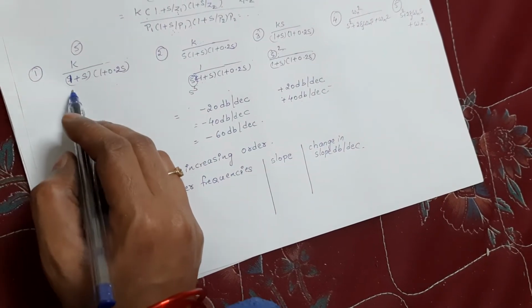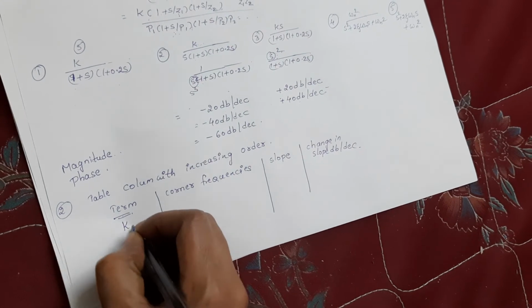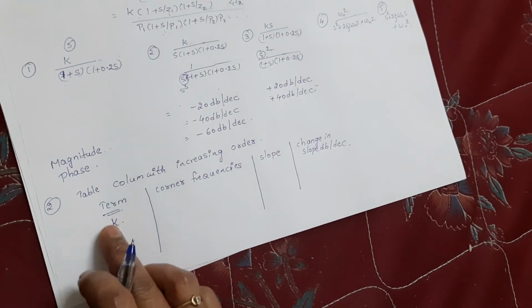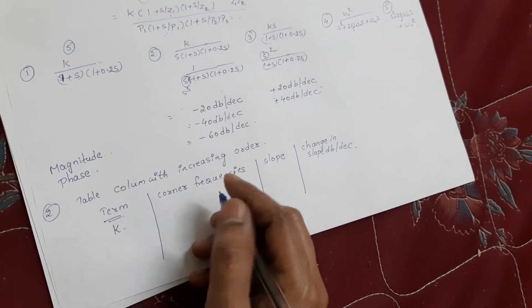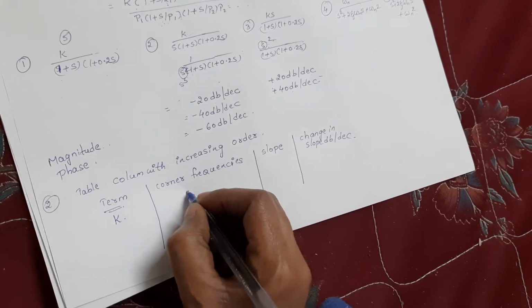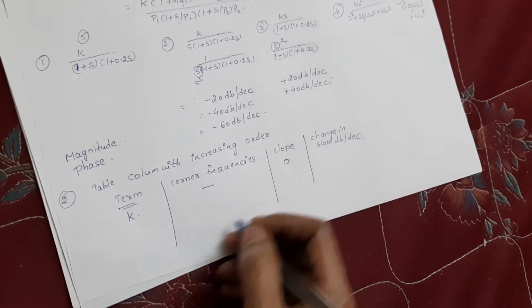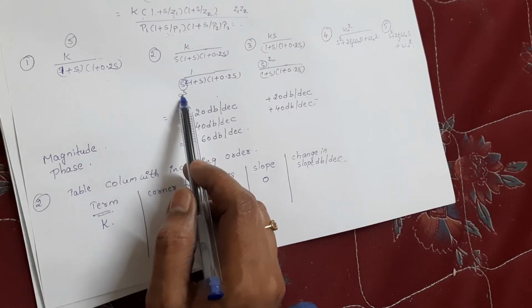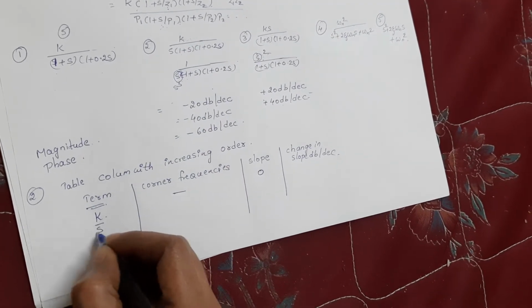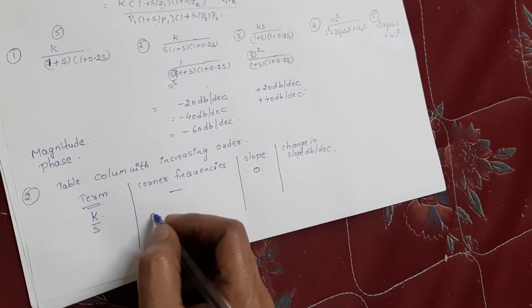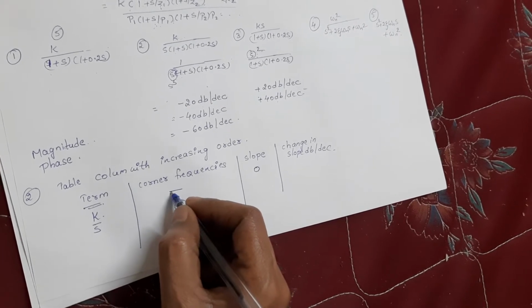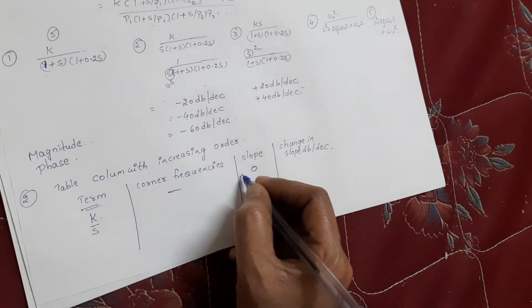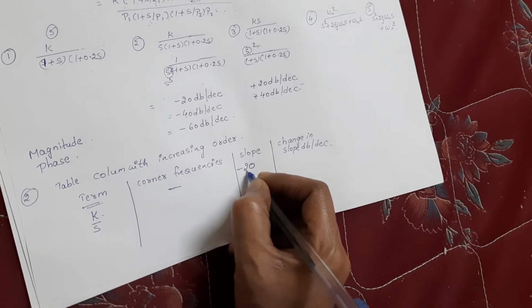In this problem I should write it as K, only K. If it is K, then there is no corner frequency and no change, only zero slope. Suppose it was K by S, then the slope is minus 20 dB.